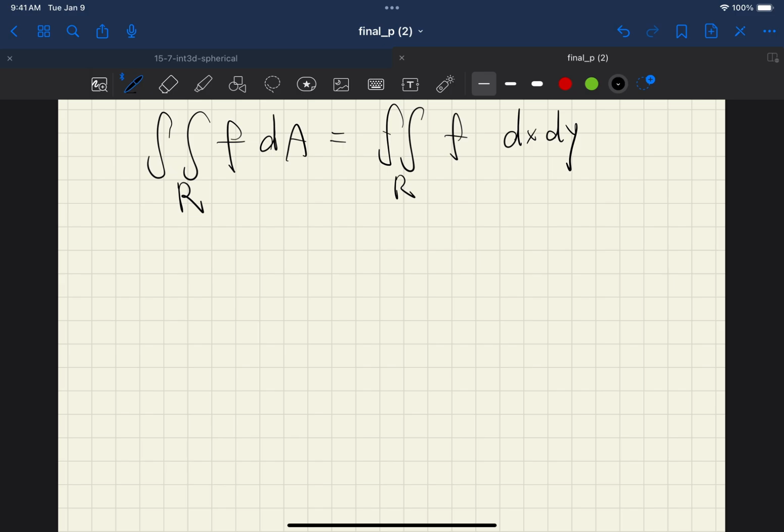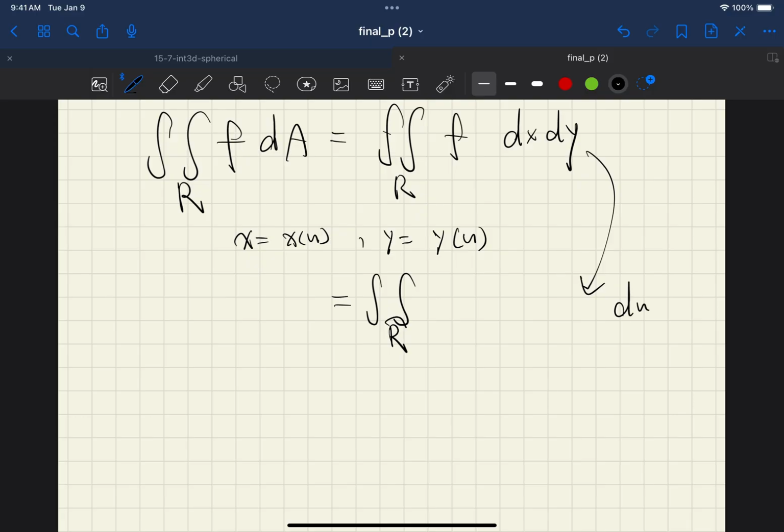But if you're given a function x equals x of u, v, and y equals y of u, v, then we can have this after transformed into UV plane. So you need to take du dv or dv du, but in front of du dv you need to put |J|, which is Jacobian, but this bar means magnitude or absolute value.